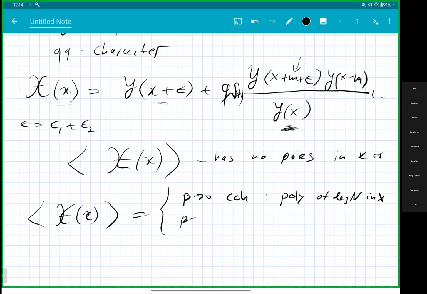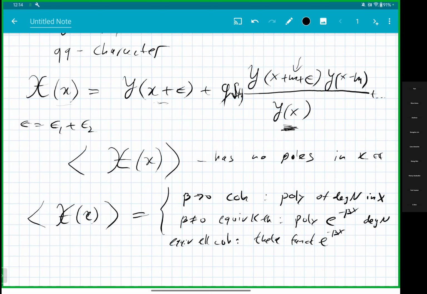In the case beta not equal to 0, the equivariant K-theory, it's a polynomial in exponent minus beta x, of degree n. And in this mysterious equivariant elliptic cohomology, it's a theta function in exponent minus beta x of degree n.